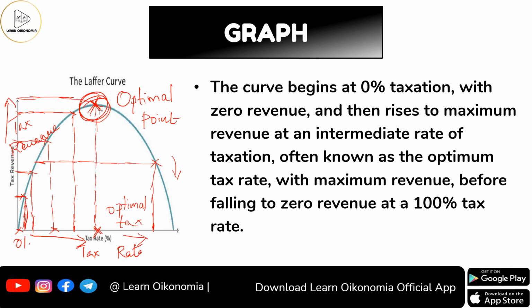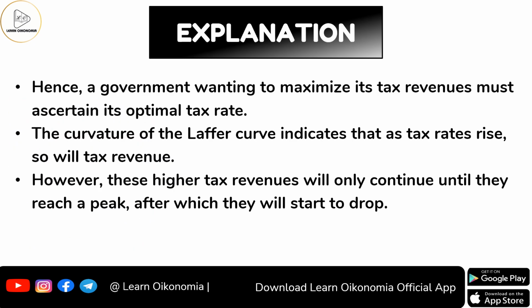Okay. And what is the importance of this optimal point and optimal tax? If the government wants to maximize its tax revenue, it should make it a point that it is charging only something called the optimal tax. Because what happens beyond that, if it increases the tax rate, it will be only reducing the government revenue.